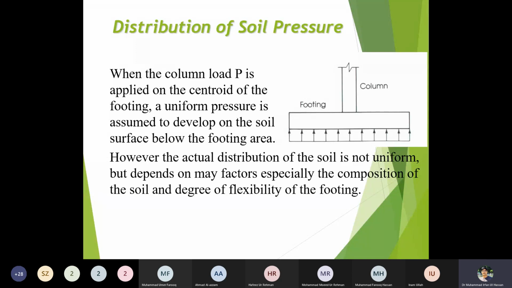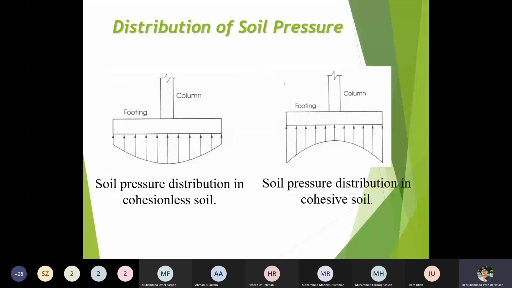However, the actual distribution of the soil pressure is not uniform. Sometimes, due to cohesionless sandy soil, the pressure distribution is shown in the left-hand side figure, and due to clay soil, the pressure distribution is shown in the right-hand side figure.